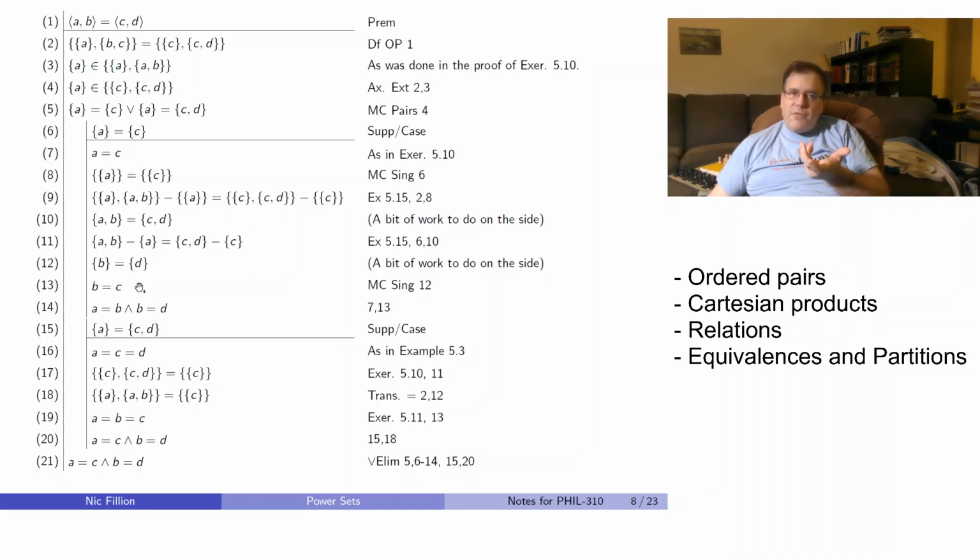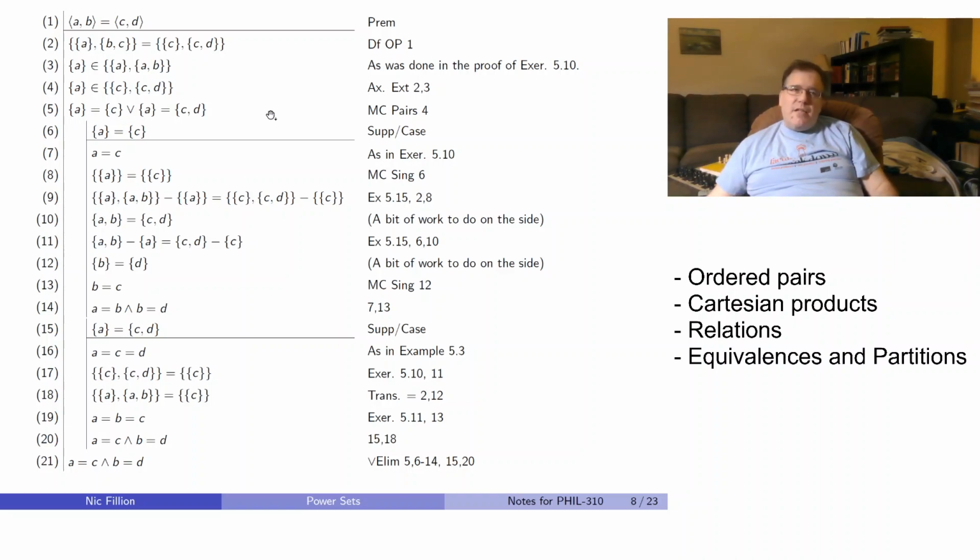But in order to get to line 13, which is our second conjunct, the second sub-goal, we're going to need to do a little bit of work. And that's going to be based on the exercise 5.15 that I was pointing you to. Now, if we have line 6 or 7, whichever you prefer, it will follow directly that singleton A is the same as singleton C. If A and C are the same, those two sets should be the same.